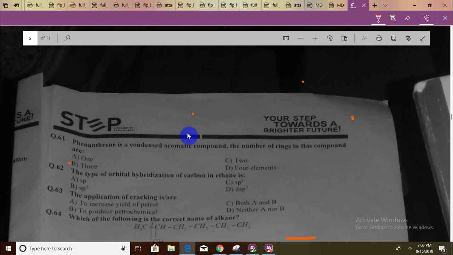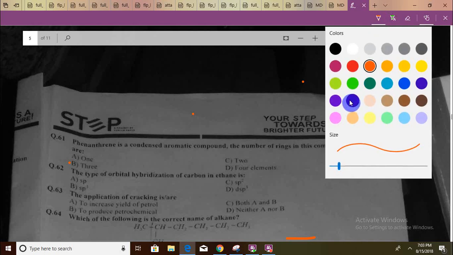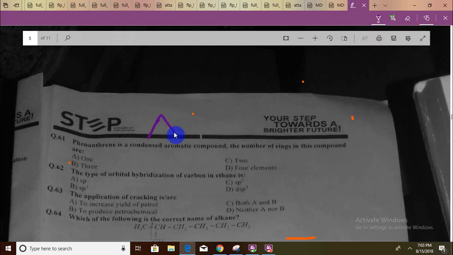So if we have this sort of a molecule, we have a benzene portion, and over here we have this attachment, which is SO3H, so it's called benzene sulfonic acid, right?